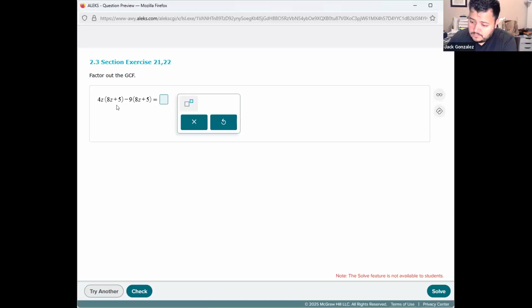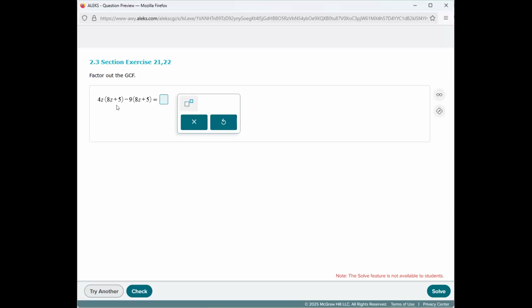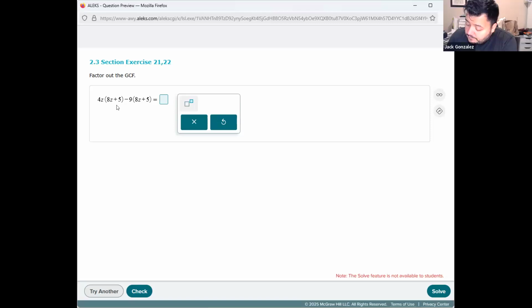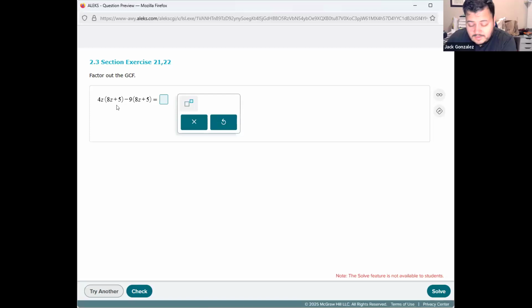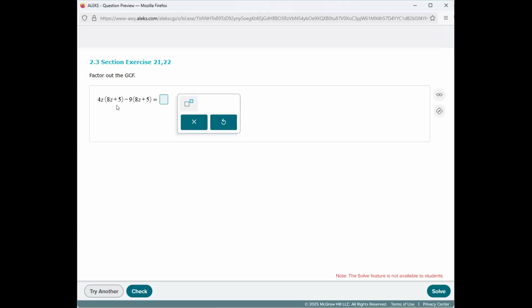Let's see. All right, 4z times 8z minus 9 times 8z plus 5.